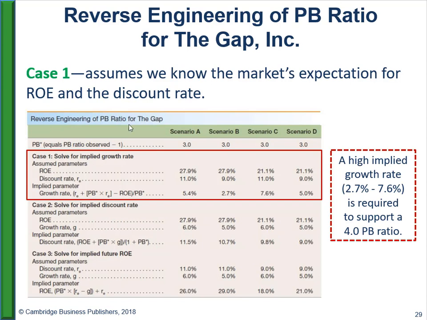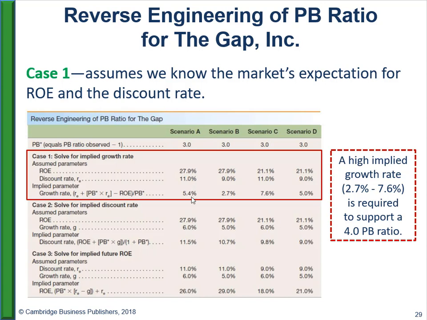So let's break it down. We're going to begin with a couple different cases here. In case number 1, we're going to solve for implied growth rates. We have the observed price to book value for 4 different scenarios or 4 different companies here. We take that data, assume it's correct, and we have a ROE and a discount rate, and we're going to solve for the implied growth rate.